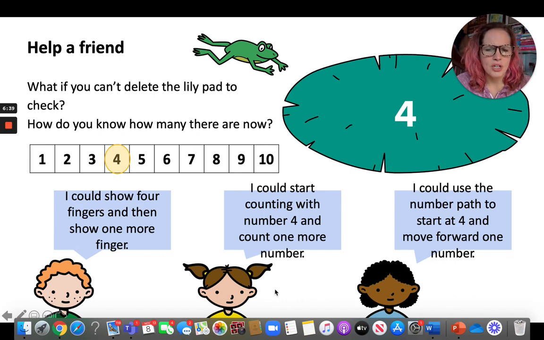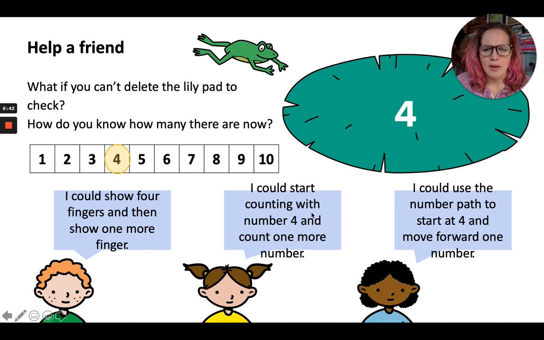This girl says that she counted by, I could start counting with number 4, so she has 4, and count 1 more number, 4, 5. She knows that 5 is 1 more than 4. Or, this person said, I could use the number path and start at 4 and move forward 1 number.